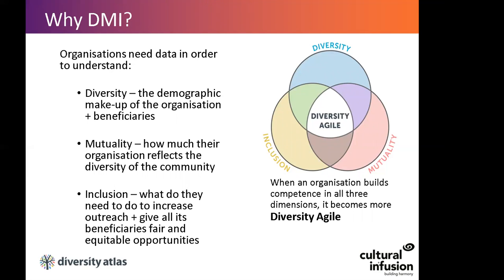We're developing a mutuality index at the moment, and mutuality looks at to what extent an organisation is representative of the community that it's delivering the services and products to.